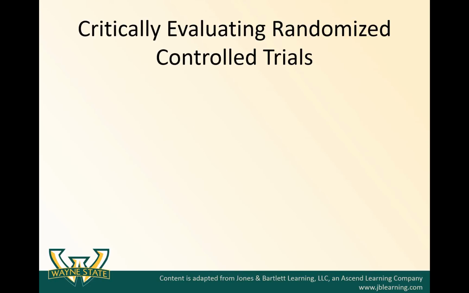So when critically evaluating randomized controlled trials, there's a variety of different things that you should be looking for and types of questions you should be asking. Some of these areas involve, first, starting off with the study sample. So looking at the recruitment strategies, what the inclusion and exclusion criteria are. Do they include sample size calculations?